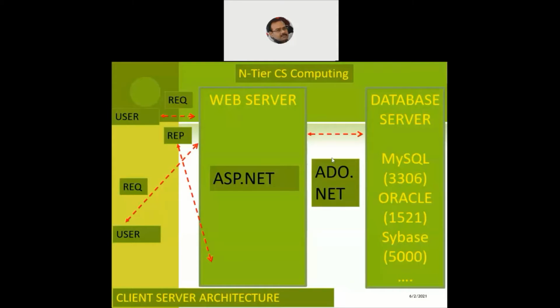Now on the right hand side, we have this database container type. ADO.NET will ask us to which database we would like to connect. So we can connect to MySQL Server. Those of you who are working on it must be familiar that by default, it receives all the requests on the port number 3306.